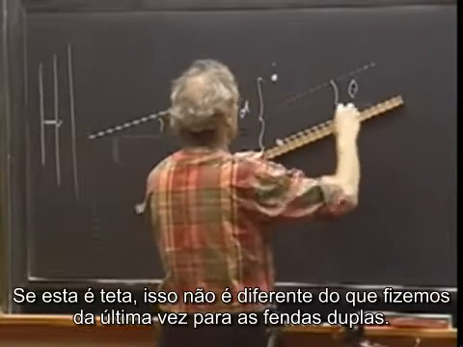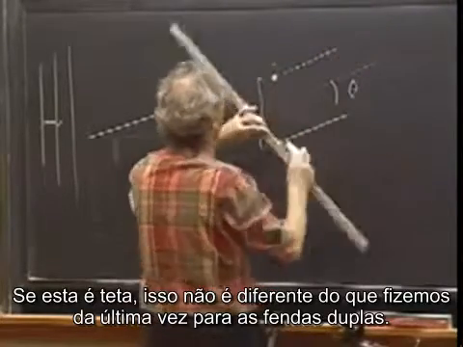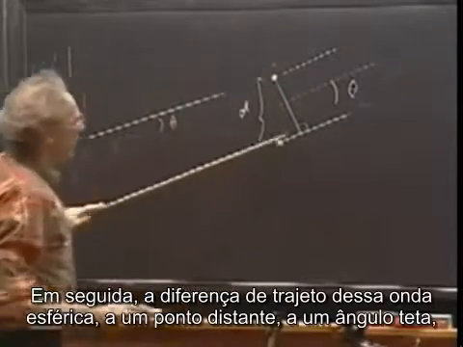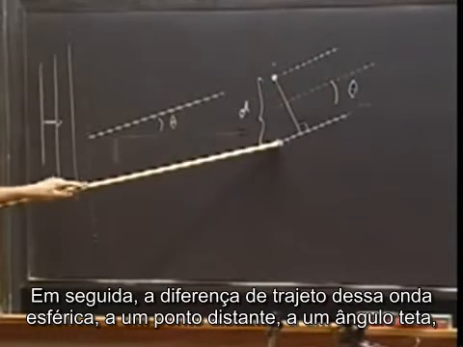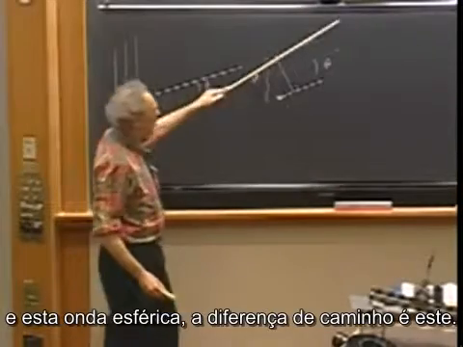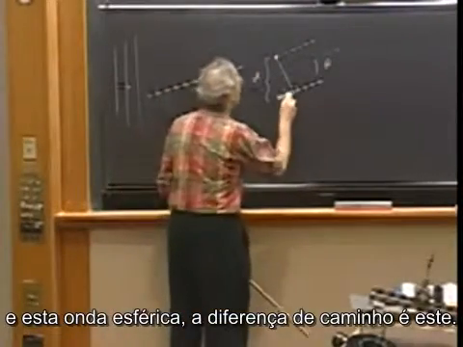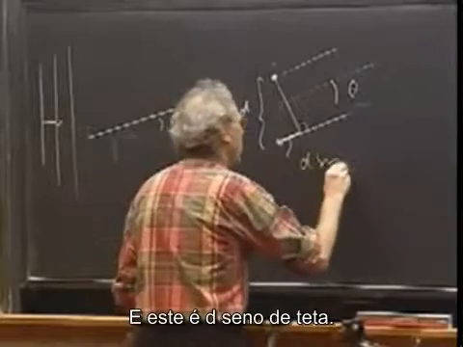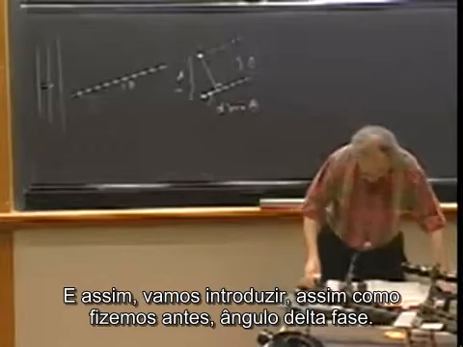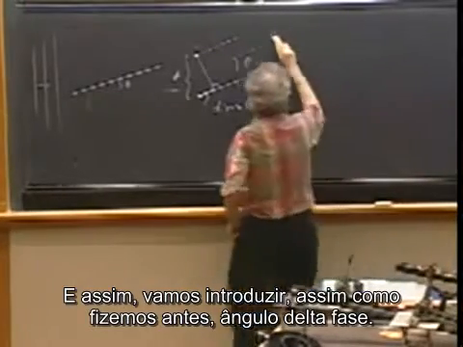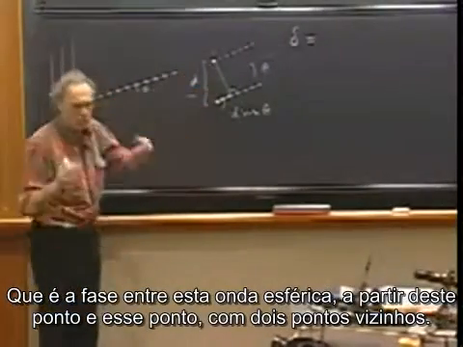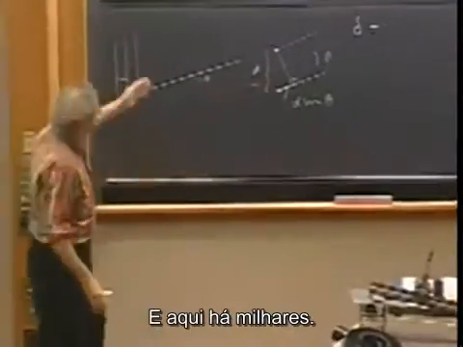If this is theta, this is no different from what we did last time for the double slits, then the path difference from this spherical wave to a point far away at an angle theta and this spherical wave, that path difference is d sine theta. And so we will introduce, just like we did before, a phase angle delta, which is the phase between the spherical wave from this point and that point, from two neighboring points, and here there are thousands.